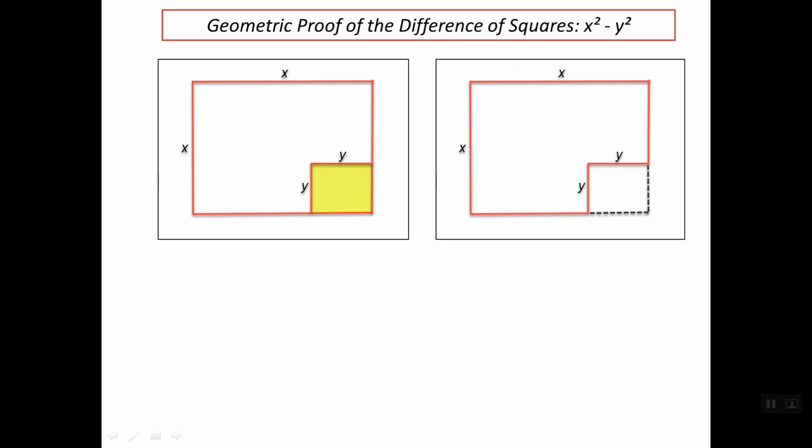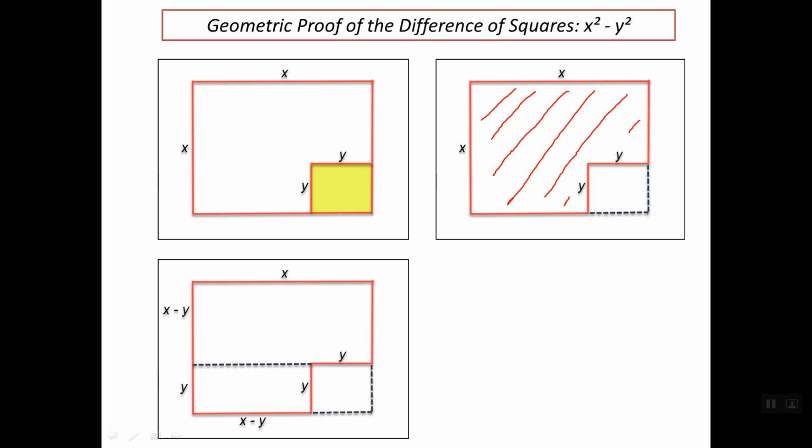So what we need here is to compute the area of this, excluding the small area of the square y. So this is considered to be x squared minus y squared.